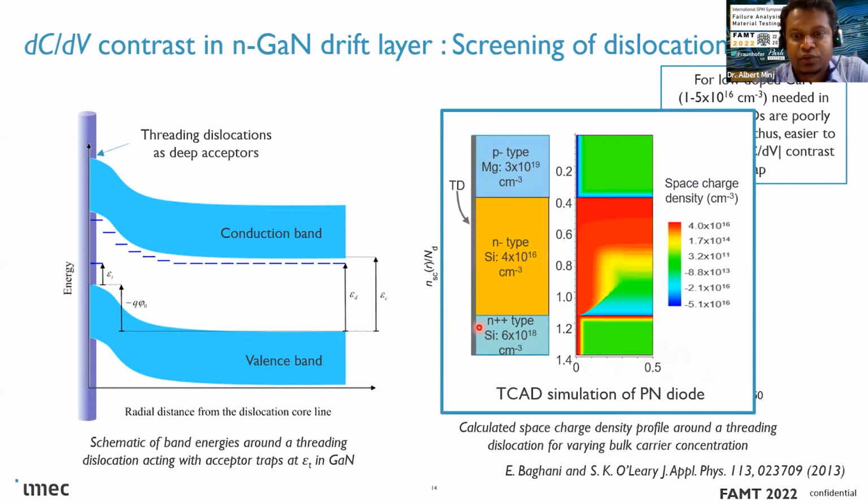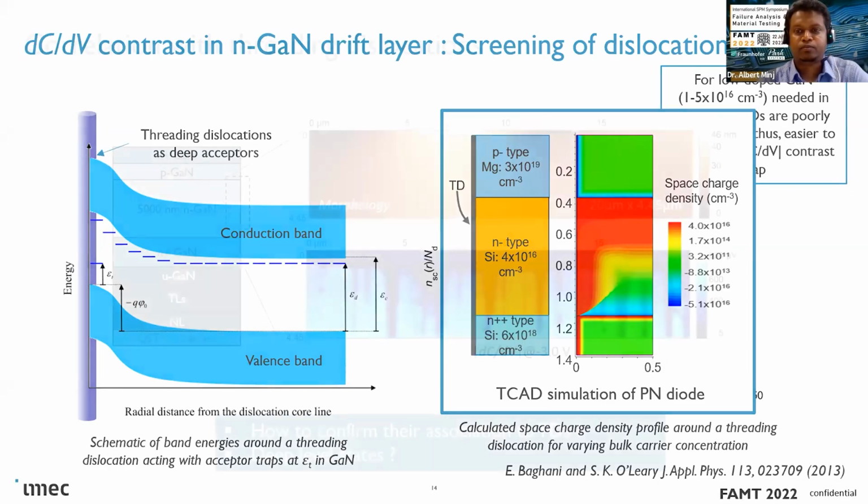And as you can see in the space charge map, we actually managed to obtain a similar space charge distribution, which looks similar to the experimentally obtained DCDV contrast around dislocations.